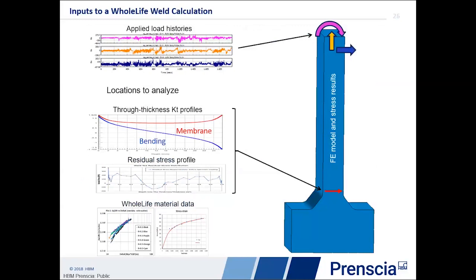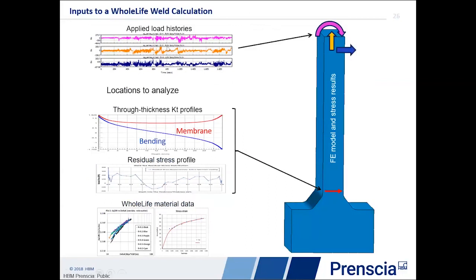The inputs to DesignLife WholeLife Weld is an FE model, and again, an FE model that is not necessarily that detailed around the welds. It could be a shell model using basically grid point forces and moments to calculate stresses. It could be a coarse solid model where we have through thickness integration, again, calculating stresses.